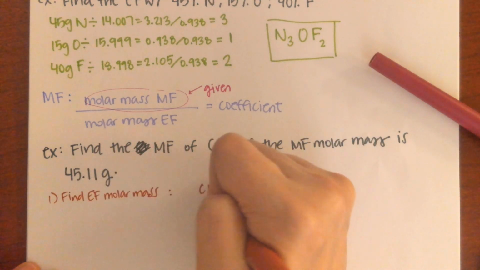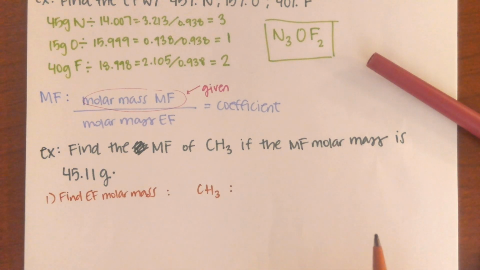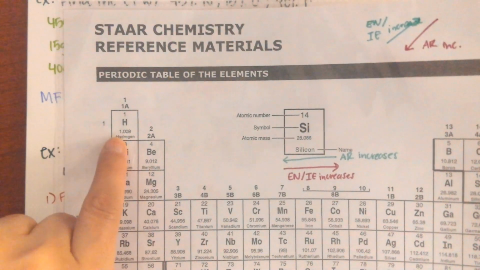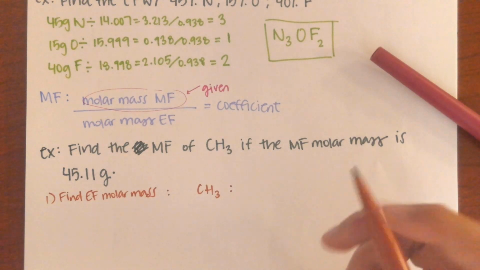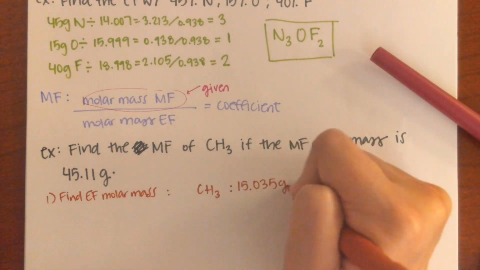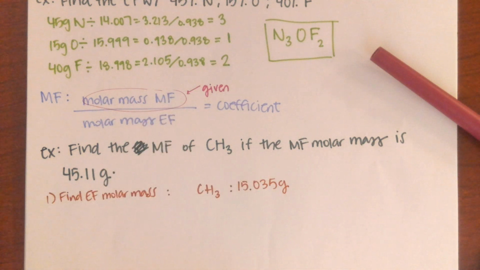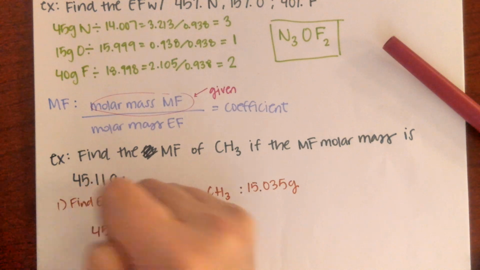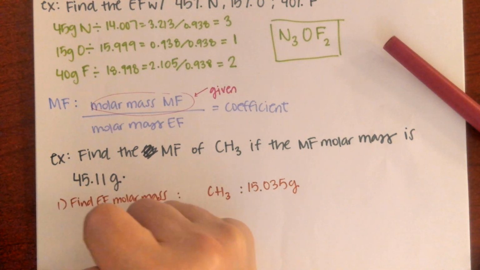So you have CH3. When you find the molar mass of that, you should have the carbon molar mass plus 3 of the hydrogen molar mass. So you should get 15.035 grams. So that's the molar mass of your empirical formula. And then you already have the molar mass of your molecular formula. So you do 45.11 divided by 15.035.